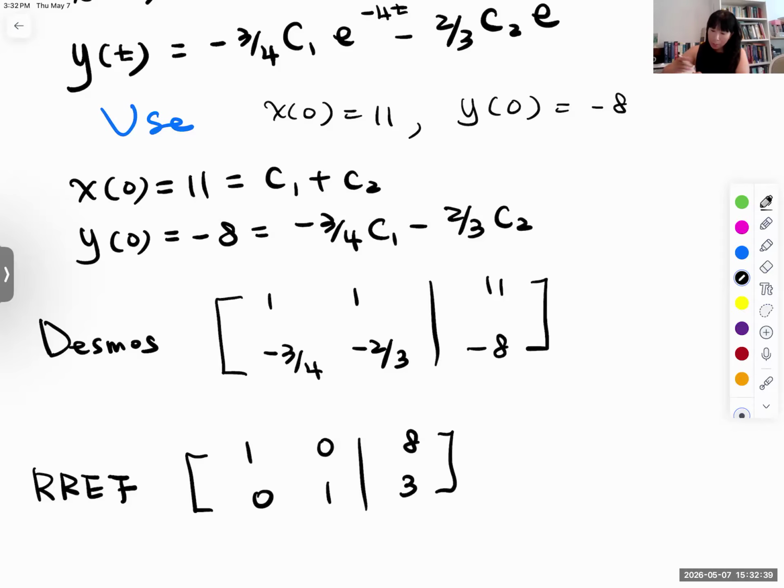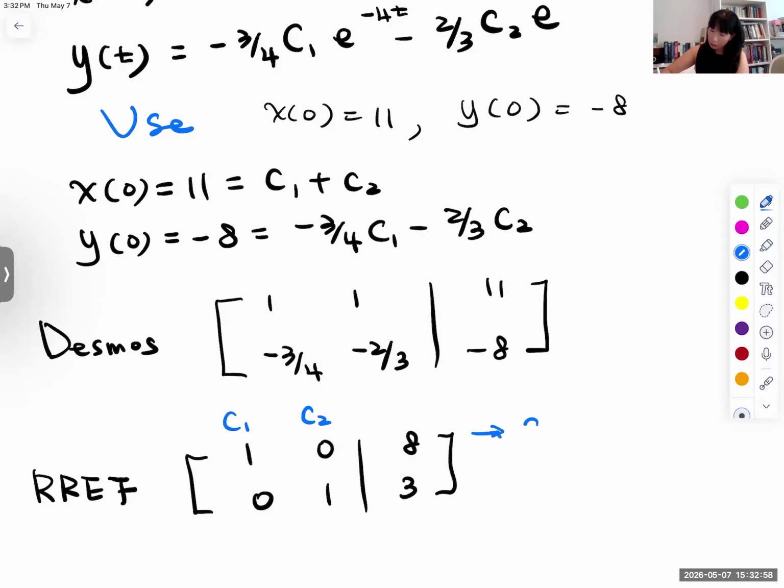Okay, so that will be c sub 1, c sub 2. So there will be c sub 1 equal to 8, c sub 2 equal to -3.